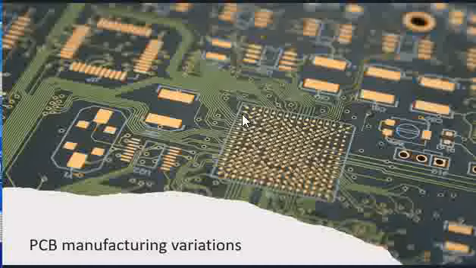which actually is out of the hands of everyone in the project, because PCB manufacturing is definitely done by some other third party in 99% of the cases, and it is very, very difficult to control.